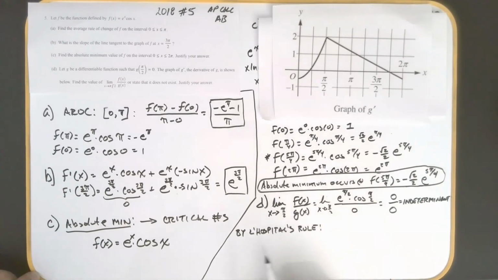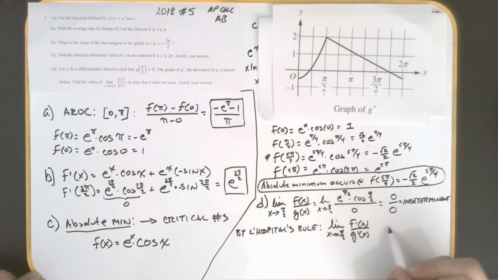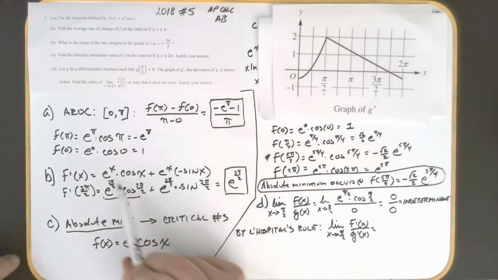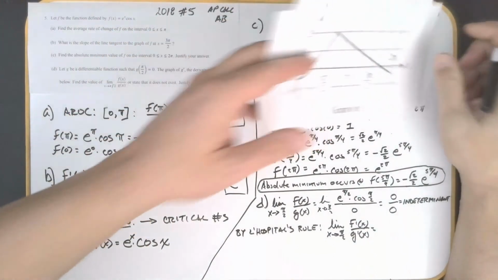what we are going to do is say, all right, well, I'm going to take the limit as x approaches pi over 2, and I'm going to change this to f prime of x over g prime of x, and see if I can get an answer that way. All right, so the derivative of f, we did that earlier in the question. It's back here. It's also up here under the paper, if you recall.